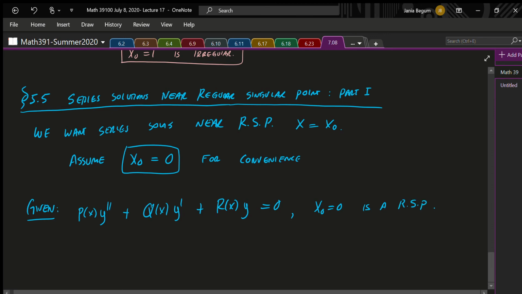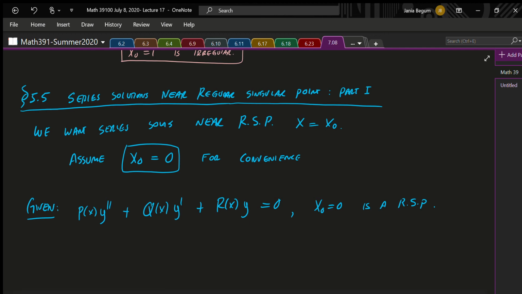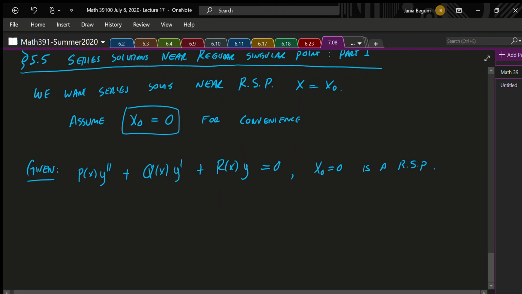Now, how would the solution to this differential equation look like? Well, we're going to assume the following. By reduction of order, we're going to assume the solution looks like y equals x to the r, right?